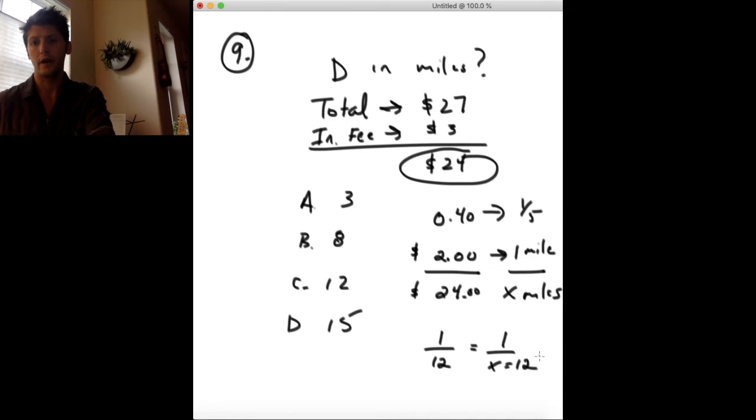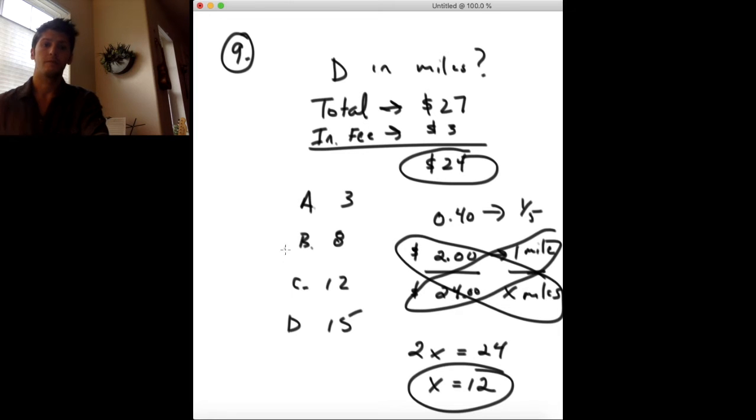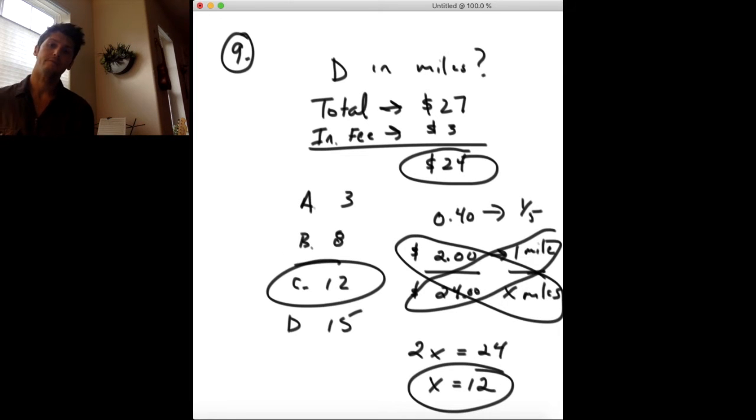The other way is cross-multiplying. So cross-multiplying means you multiply 24 times 1 and 2 times X. So you have 2X equals 24 times 1, which is 24, and divide by 2, and you get X equals 12. So 12 miles, right?